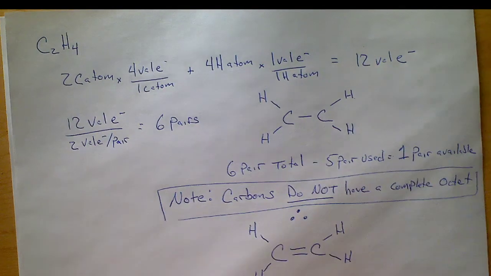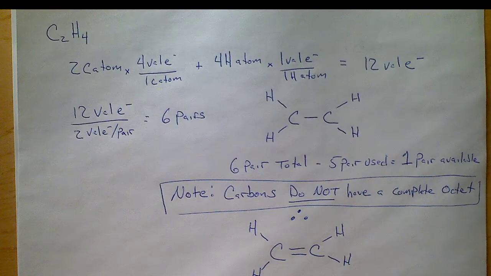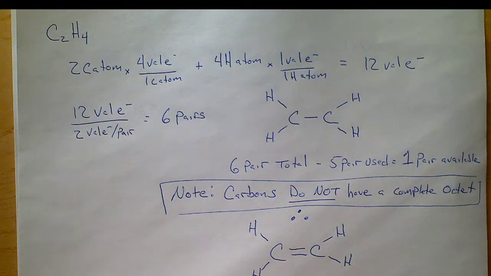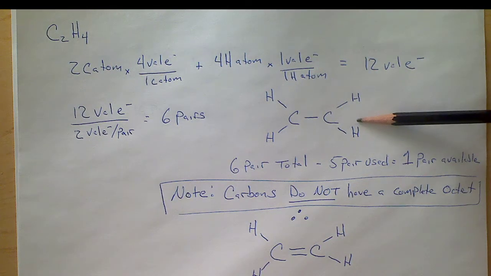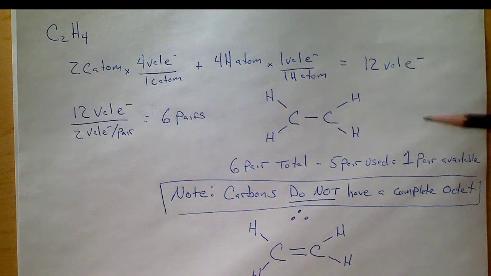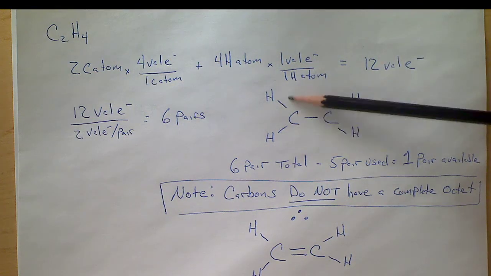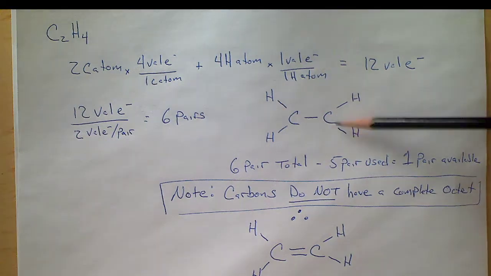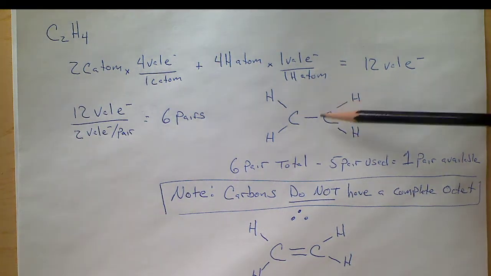All right. So here is the answer for ethylene. This is our preliminary molecule. Even though our hydrogen's octets are satisfied, this carbon only has 2, 4, 6. This carbon only has 2, 4, 6.